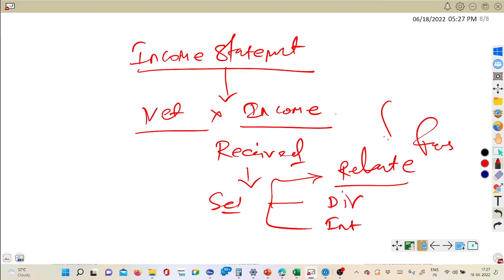This is when you lend the security, the borrower of the security will pay the fees to you. That is again part of your income, so you can treat it that way.